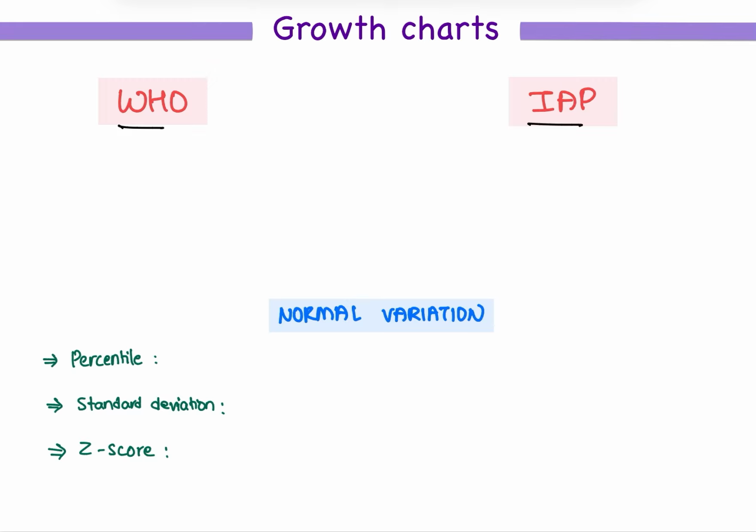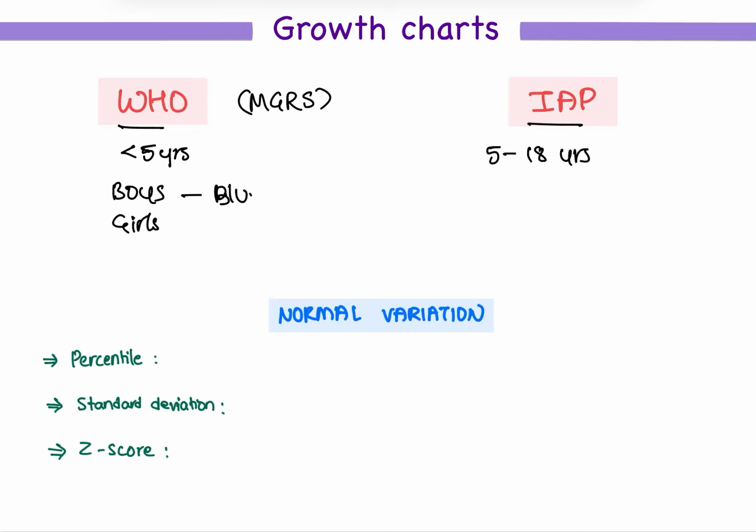The WHO growth charts are based on MGRS, multicentric growth reference studies. The WHO charts are used for children below 5 years. IAP charts are used for children between 5 to 18 years. The WHO charts are different for boys and girls. For boys, it is blue in color. For girls, it is pink in color.